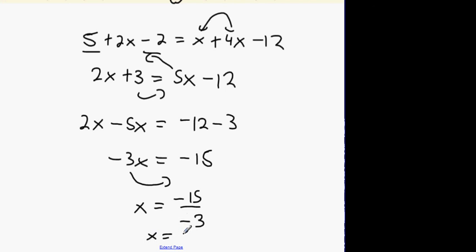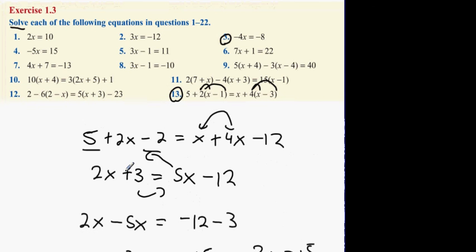You can do that as well. If they're both minuses, you can just change everything to plus, and then you can just say x equals 15 over 3, which is 5, whichever way you want. Okay? Yeah, that's it. So guys, we did 3 and 13.